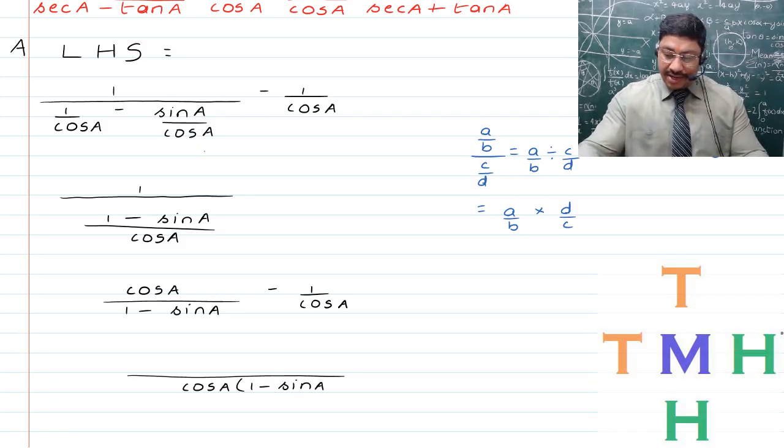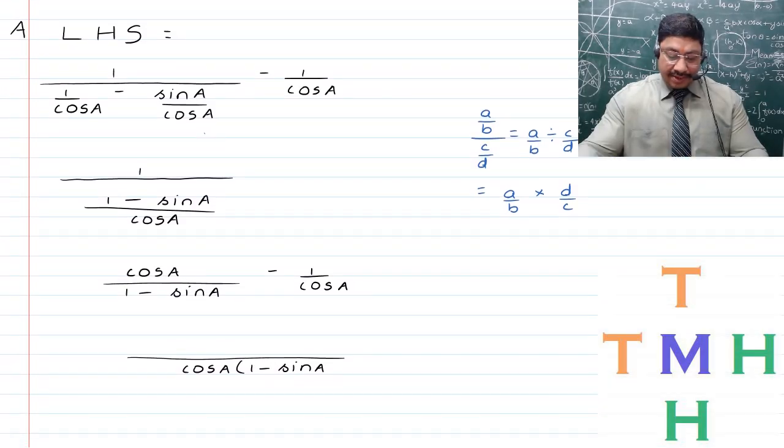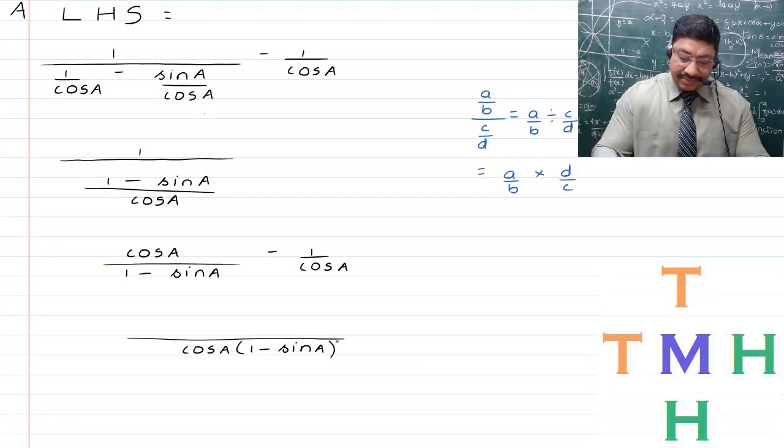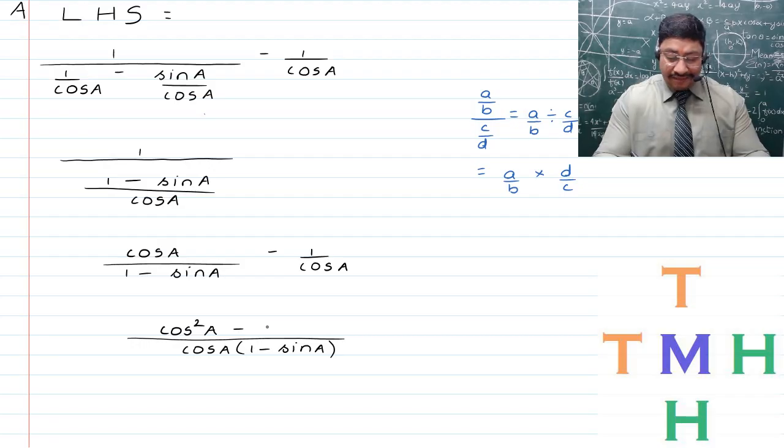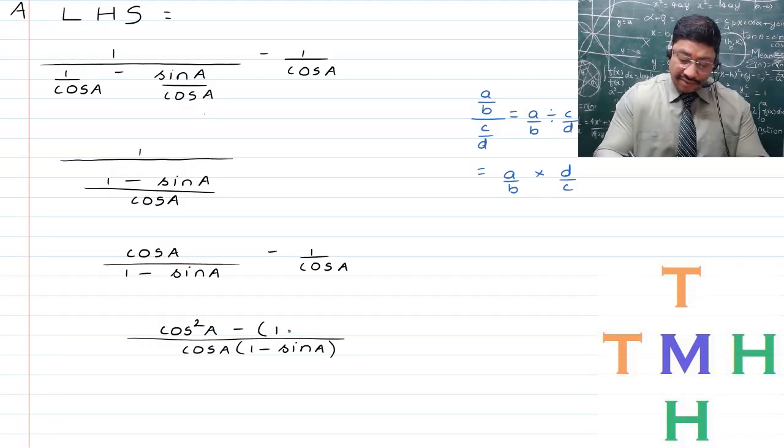So further here, children, next what you do is, after taking an LCM, you will have the first term getting multiplied with the denominator of the other fraction, which will make it cos square A, and in the numerator of the other fraction you will now have this cos A, right, which will divide cos A times 1 minus sine A, the LCM, to give you 1 minus sine A. As such, you will have minus times 1 minus sine A, right?